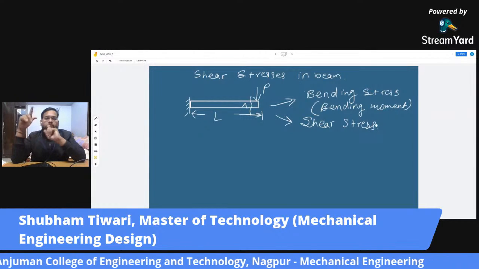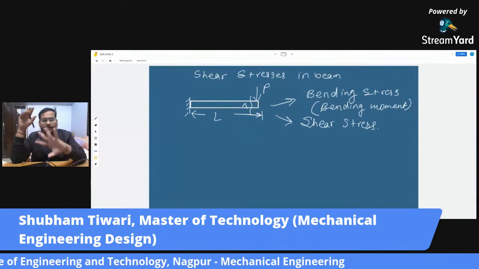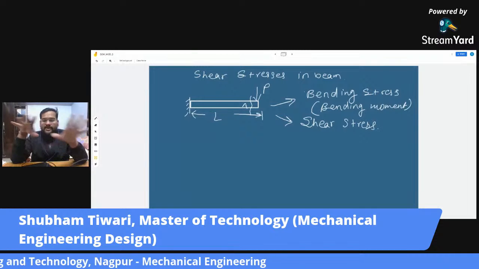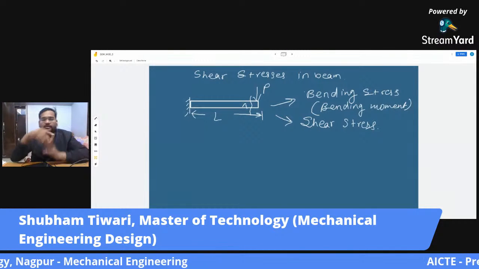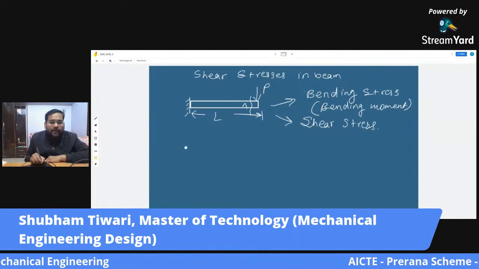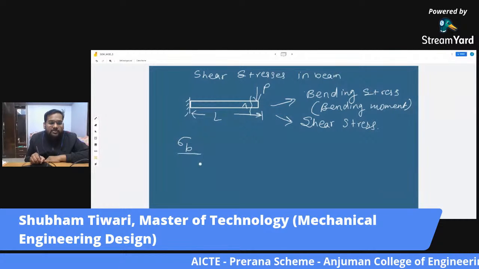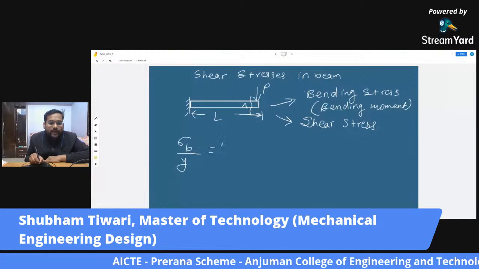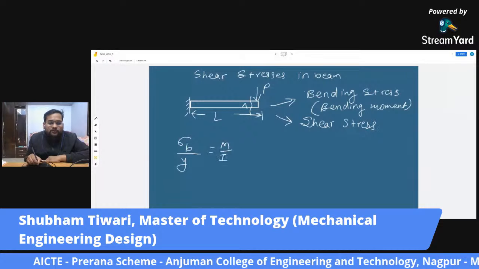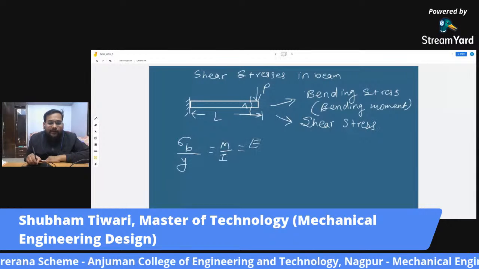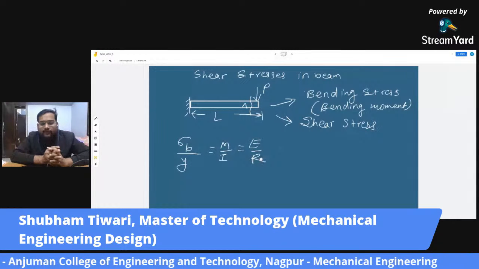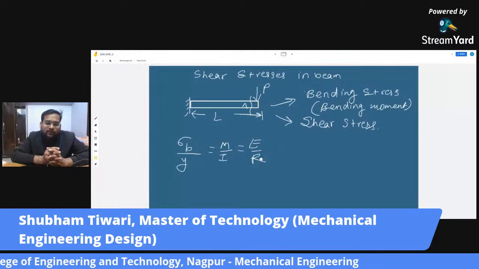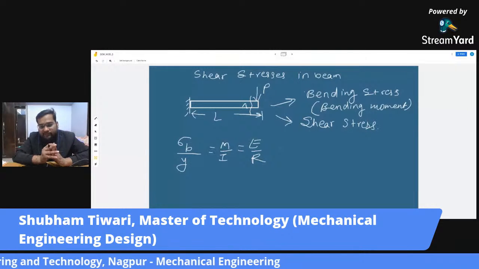Okay. So now we have bending stress that we just saw in the earlier section. How to find that bending stress? It is very easy. We just have to use this equation, sigma b by y equals M by I equals E by R. Fine. So now how to find this shear stress?